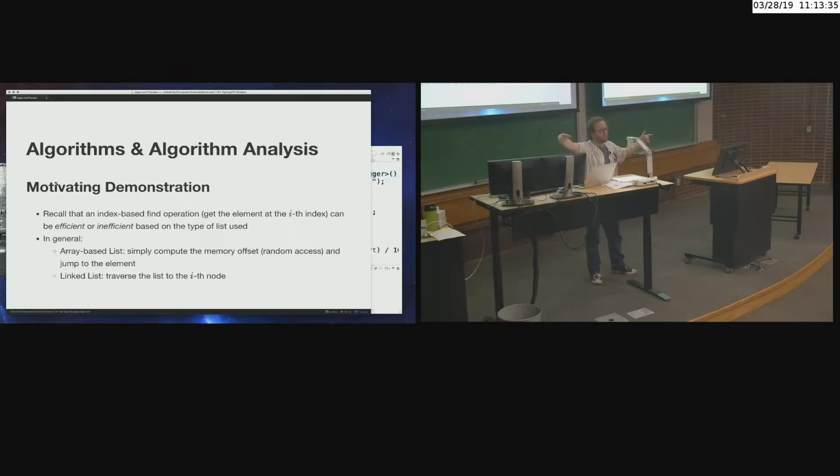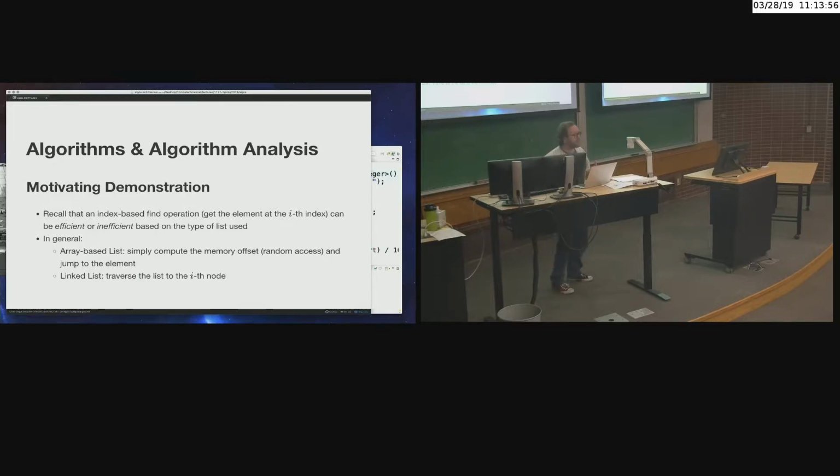I don't have to start at the beginning and traverse through the list until I get to what I'm looking for. So an array-based list gave me the advantage of random access. It cost me something, but not as much as it cost me for a linked list.